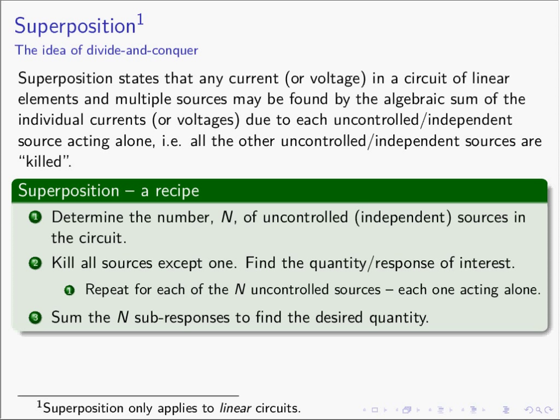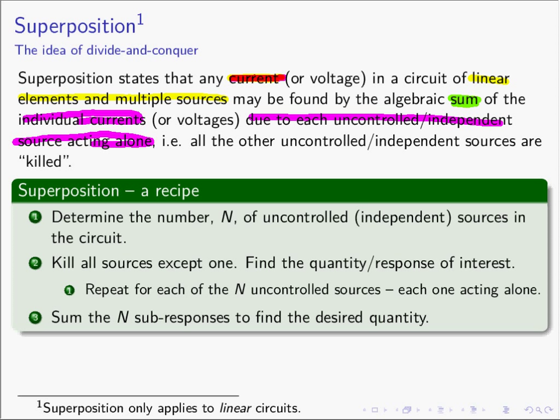So more formally, superposition says this, that if you're looking for a current, for instance, this also applies to voltage, but if you're looking for a current in a circuit that contains linear circuit elements and multiple sources, then you may find the current you're looking for by finding that current due to each source acting alone, and then once you find these currents due to each source acting alone, we are going to add them all up.